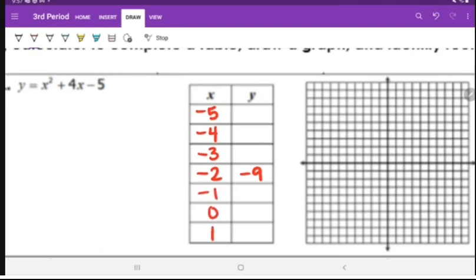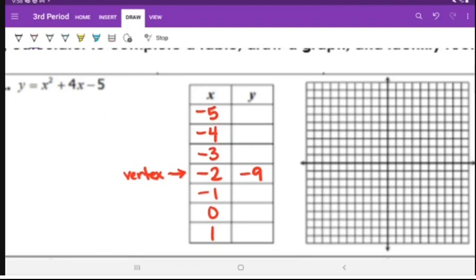That seems like a good spread. So this is just a tip. You do not have to do it this way. But it's a really good idea when we want to see what a parabola looks like to have some values from the left side of the vertex and from the right side of the vertex. So this is just a bit of advice. Try to find that vertex point and put it near the middle of your table. That way you get to see what both sides are looking like.